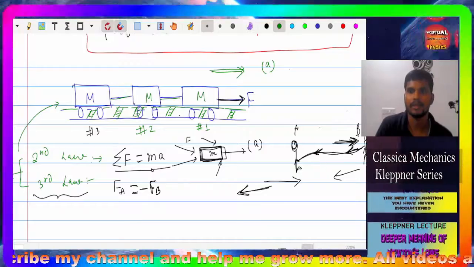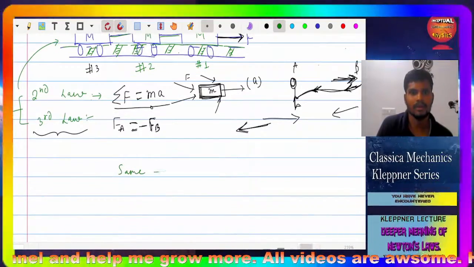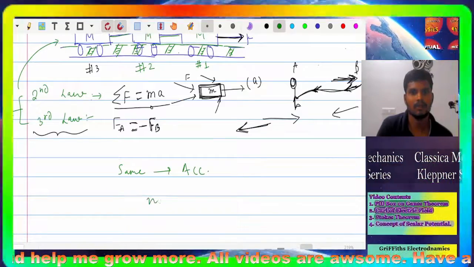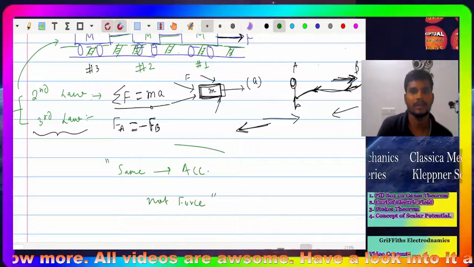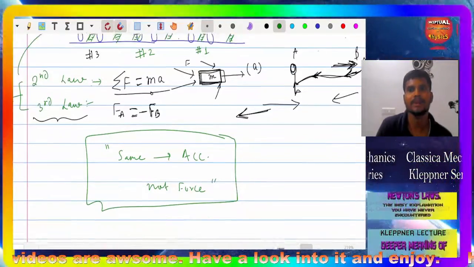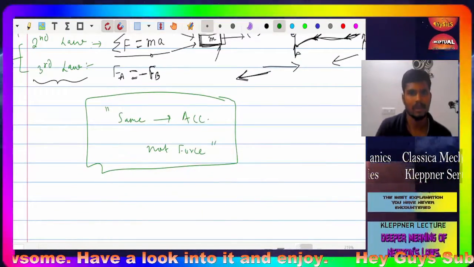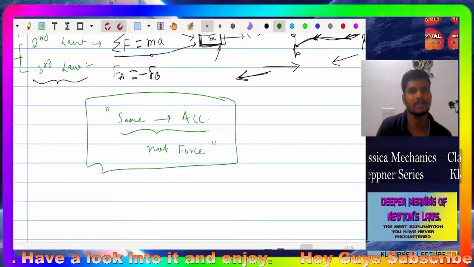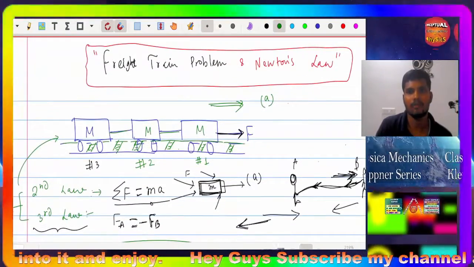The acceleration will be the same, not the force. Whenever you are in a train, you see that the whole train moves with the same acceleration as the engine. So everything has the same acceleration but not the same force. Then how can we compute the forces?